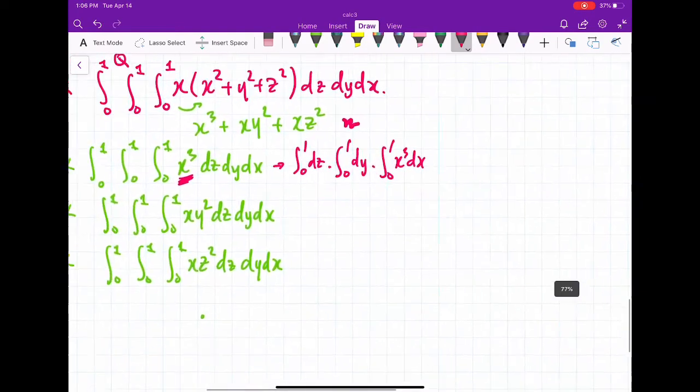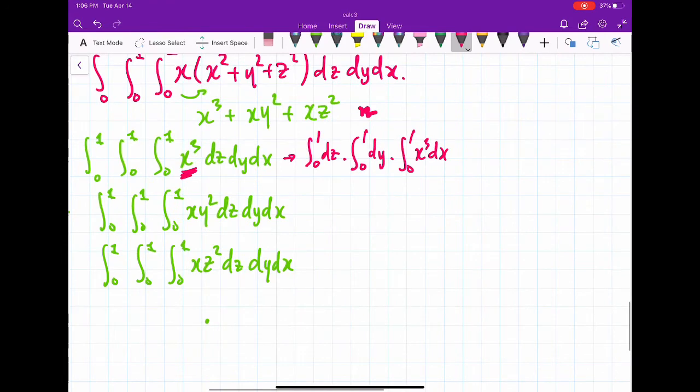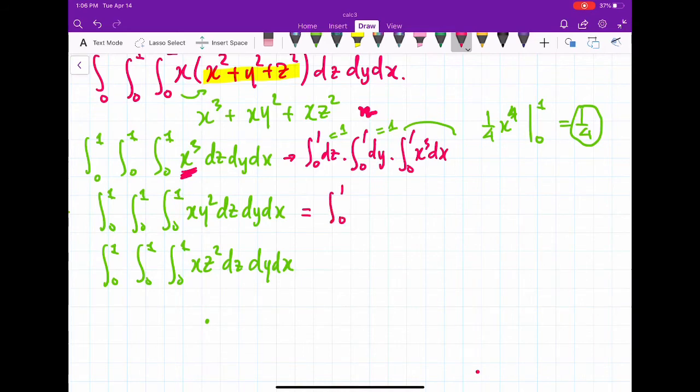The first two integrals are just 1. And this integral is 1/4 x to the 4 evaluated from 0 to 1, which is 1/4. Now let's move to the second integral. This is equal to integral from 0 to 1 dz, integral from 0 to 1 x dx, integral from 0 to 1 y squared dy.